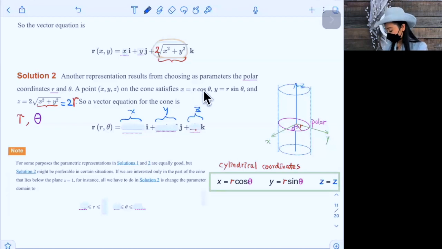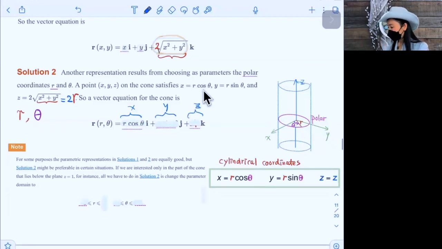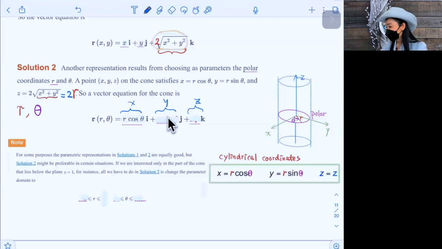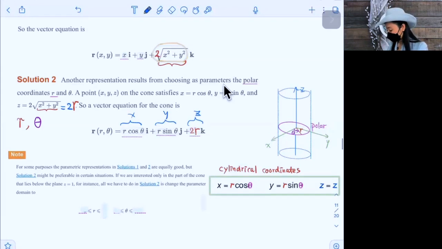It's r cosine theta. Good. And then y will be r sine theta. And then z will be 2r. Yeah, you got it. Good job. So this is another way to parameterize it. Now, which one is better? This one better or this one better?